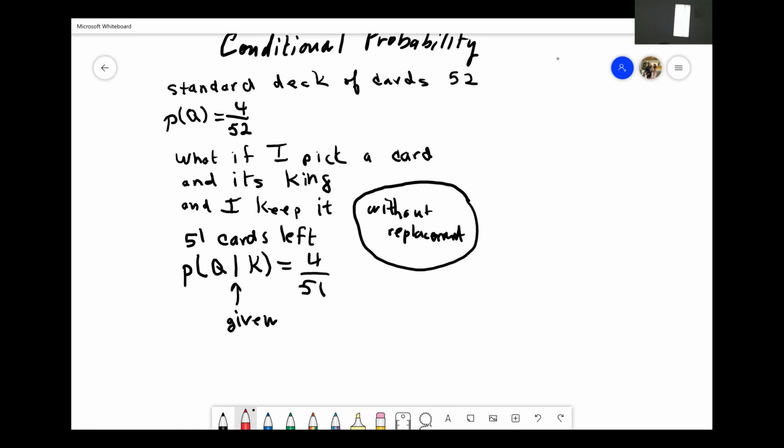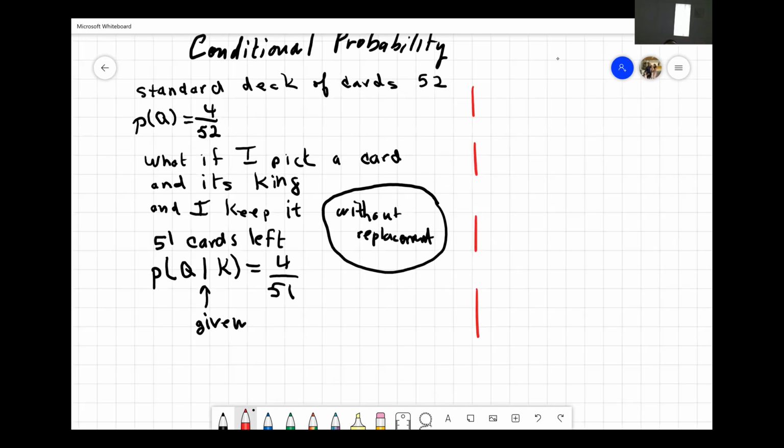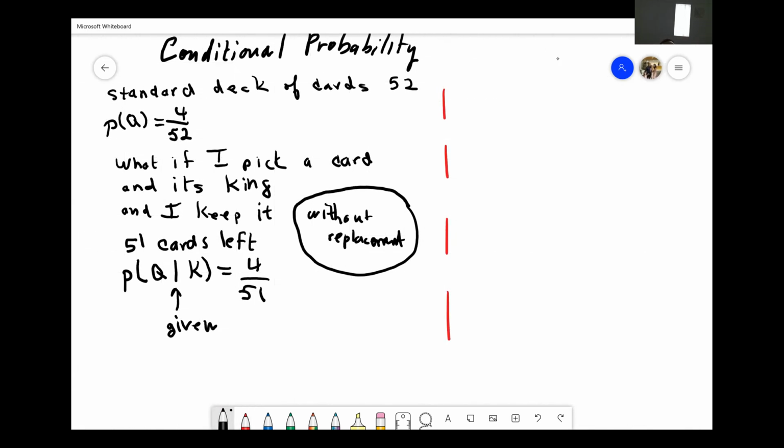Now, I could change this slightly. I could do the same thing I just did.